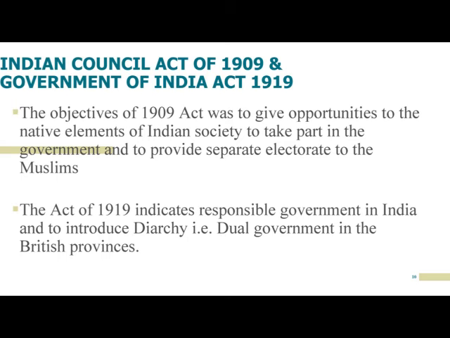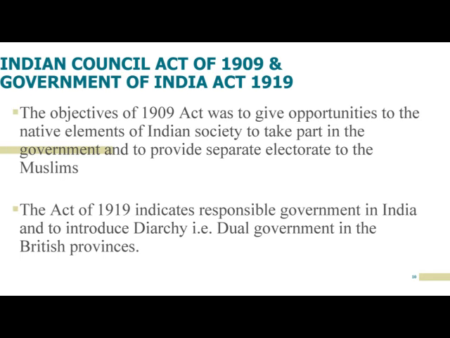These are all the major outcomes of the Act of 1919. First, the establishment of bicameralism at the central level and unicameralism at the state level, then the establishment of dual government, and the introduction of subjects like reserved and transferred subjects.